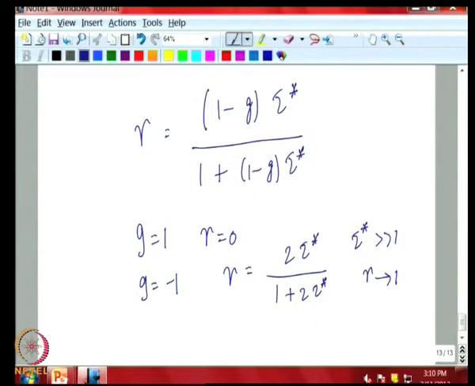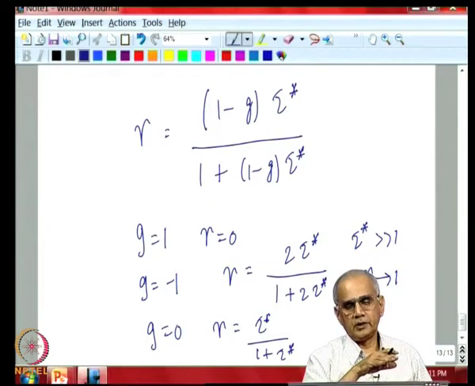And the other case, where you have isotropic scattering, R becomes tau star by 1 plus tau star. So, we clearly get a simple idea of what happens when there is forward scattering, what happens when there is backward scattering, and what happens with isotropic scattering.